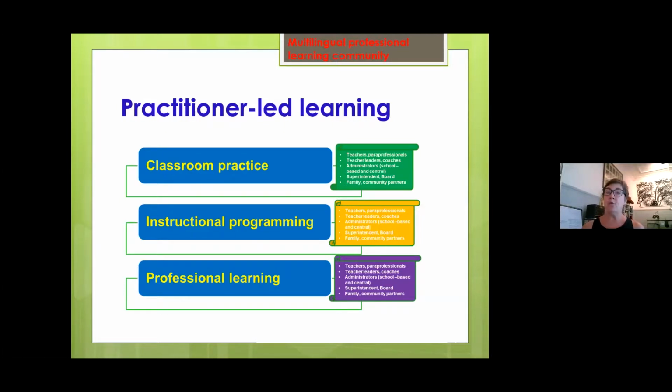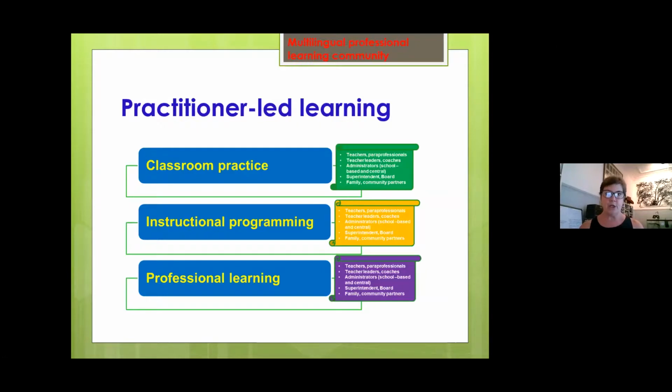We also have questions at the instructional programming level. So for example, you might be wondering, what's the best kind of dual language program for my target population? How should we make sure that teachers have the structures in place to be able to use the classroom strategies? Because you know how sometimes when you learn a new classroom practice or strategy, you find out that, wait, this doesn't fit in our program structure.